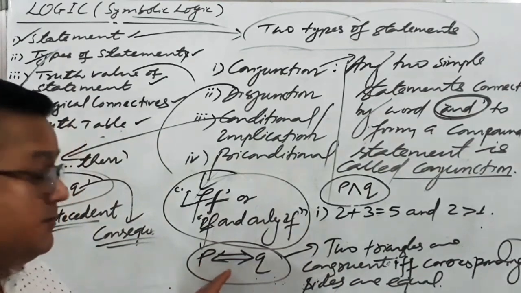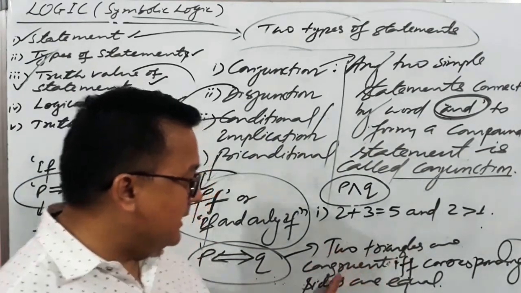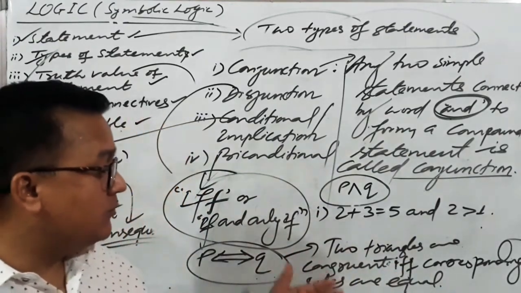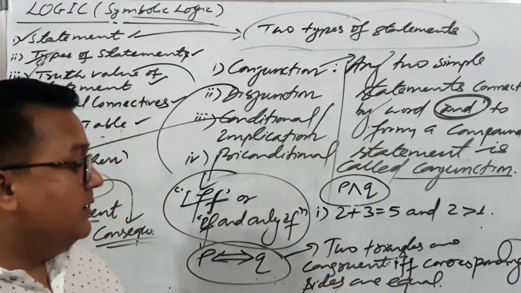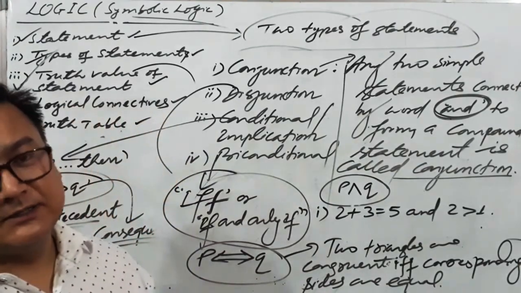Because here we have a two-way implication. The meaning is: if two triangles are congruent, then their corresponding sides are equal, and if corresponding sides are equal, then two triangles are congruent, right?